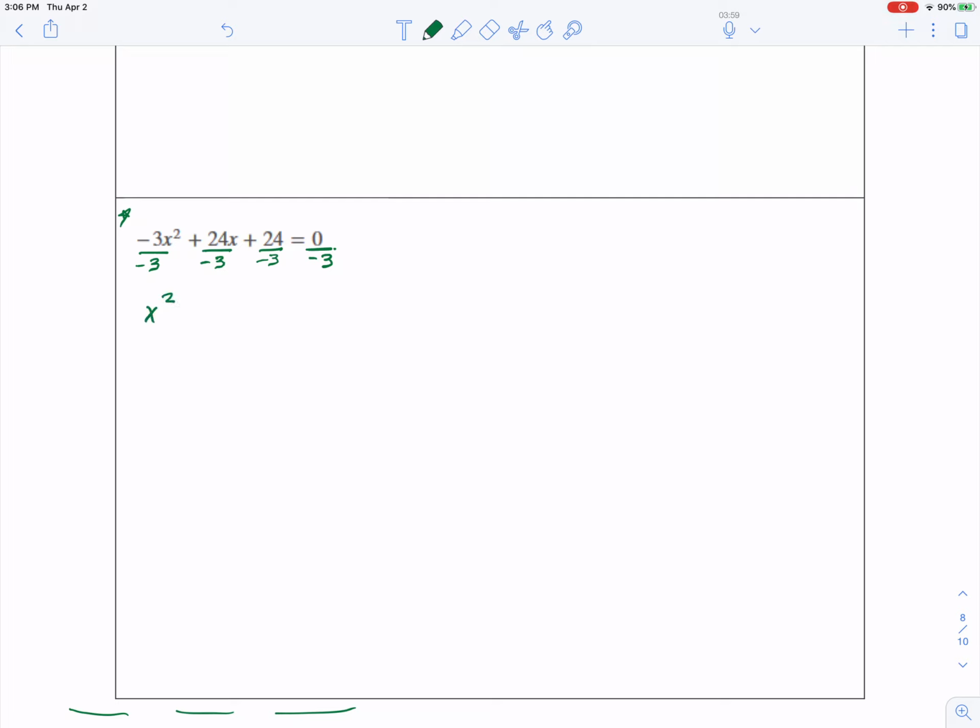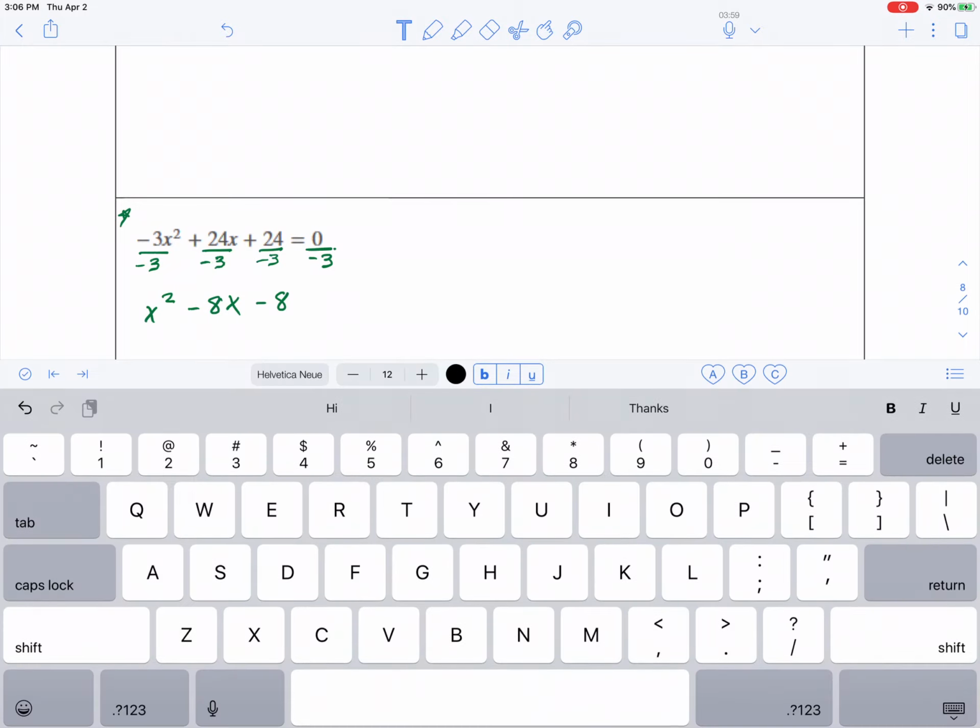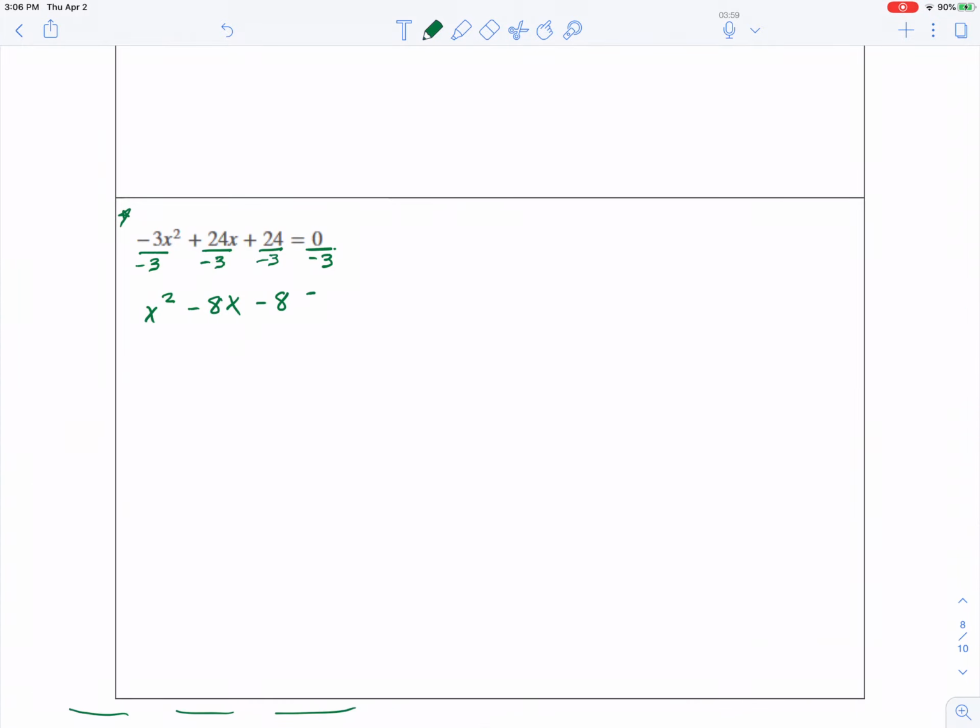All right, so I have x squared, I have minus 8x, I have minus 8, and I have 0. If I can get through this.